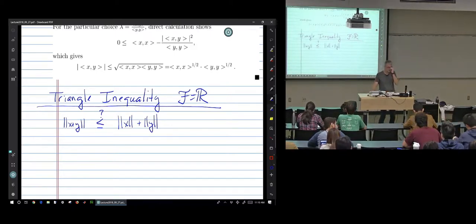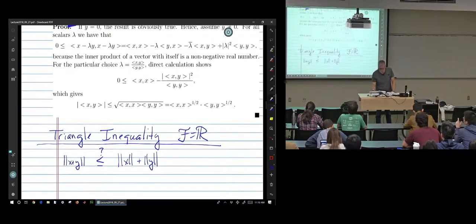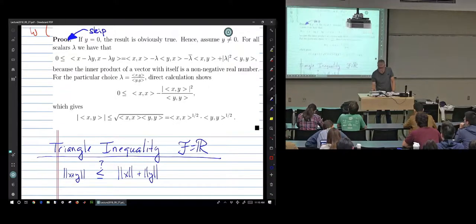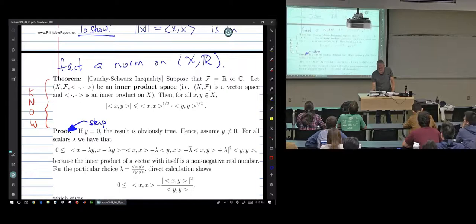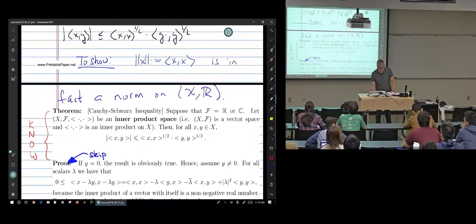Question, yes. To show that the norm of x equals the inner product of x... Maybe it's the square root of the inner product.